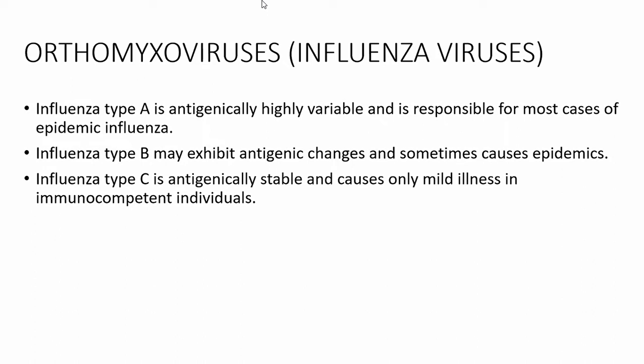of epidemic influenza. Type B may also exhibit antigenic changes, but it's not the same as type A, and type B can also sometimes cause epidemics. Type C is antigenically stable, and it causes only mild illness in immunocompetent individuals.